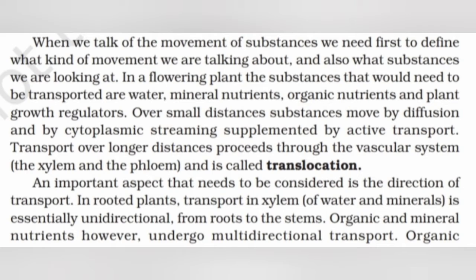An important aspect that needs to be considered is the direction of the transport. In rooted plants, transport in xylem, that is of water and minerals, is essentially unidirectional, that is from roots to the stems and other parts. Organic and mineral nutrients, however, undergo multidirectional transport, that is from stem, leaf to plant parts, or roots to leaf, leaf to root, all the directions.